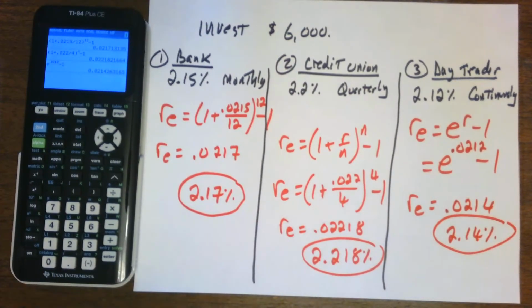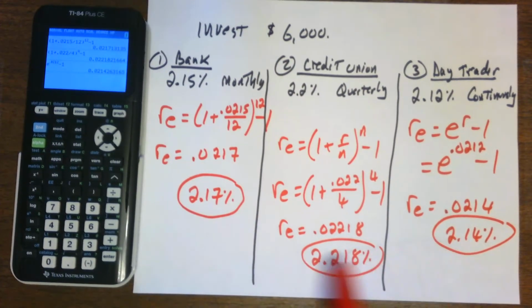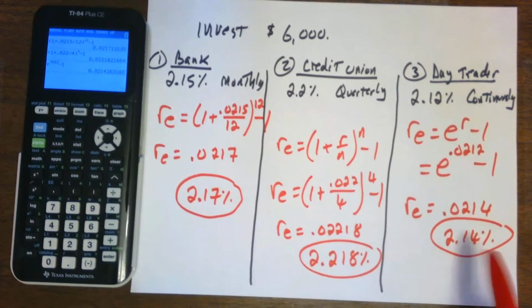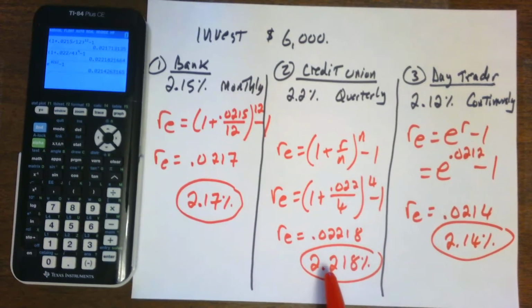Now I can see the effective rate of each and I can compare these effective rates. This would be the annual percentage yield, or the annual percentage rate. 2.17, 2.21, 2.14. It looks like the credit union has got the best investment. That's the one that I would go with.